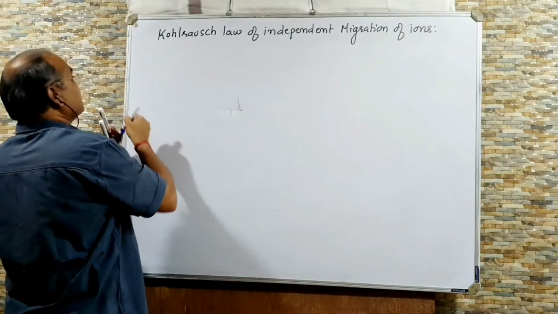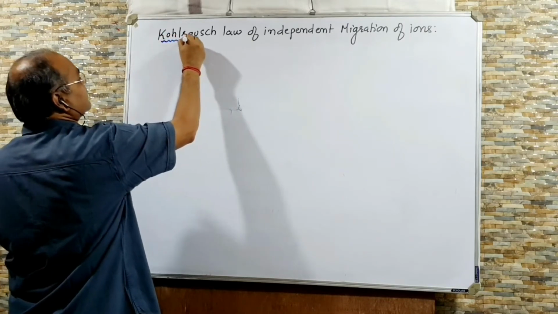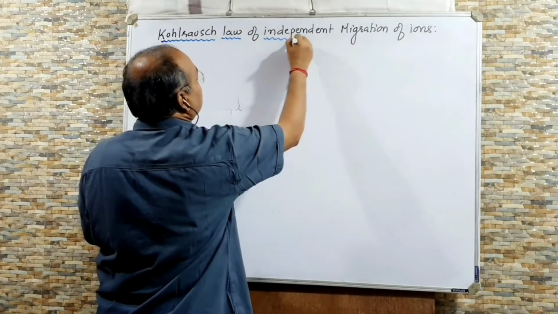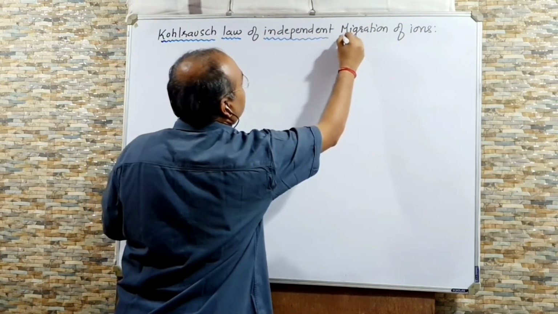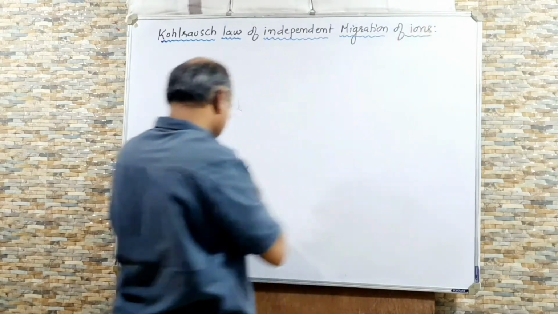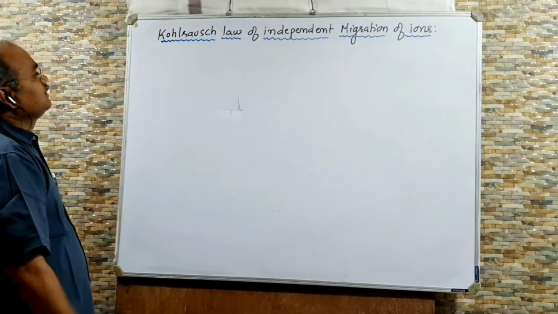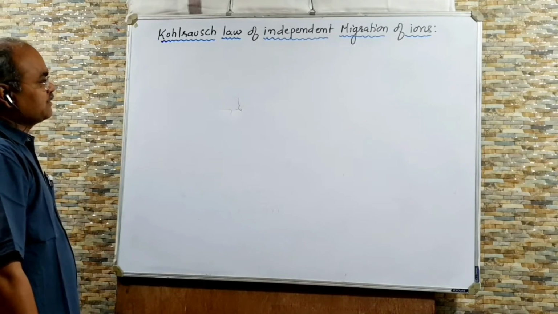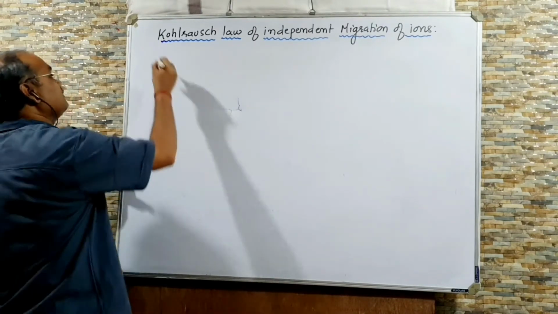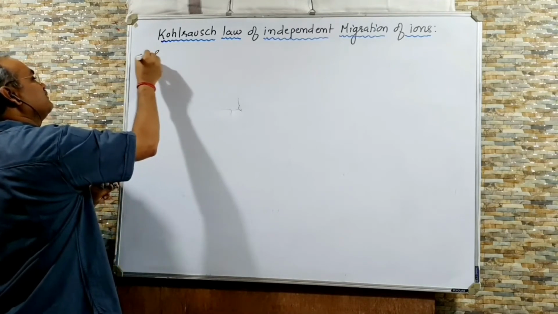Kohlrausch's law of independent migration of ions. Now what is Kohlrausch's law of independent migration of ions? I am writing the statement.